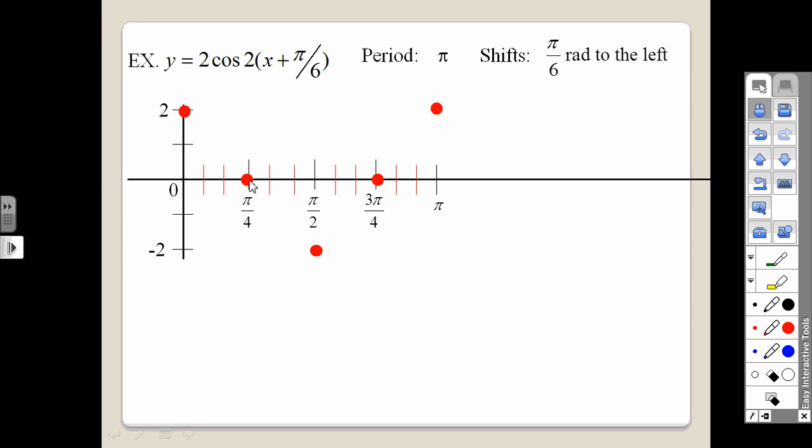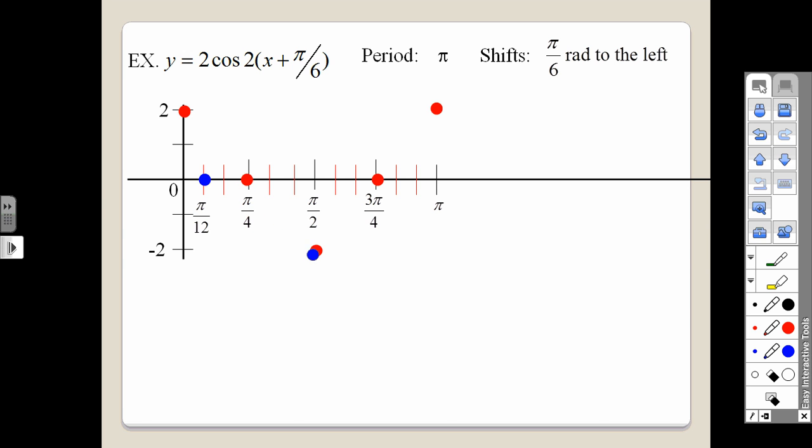That means that this point is going to move 2 tick marks to the left, which is pi over 6 radians, right? So I know that my first point, I'm not going to worry about that one up there at positive 2. This is going to move right here.